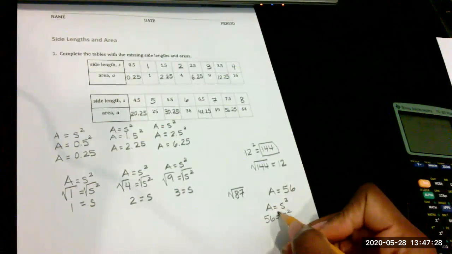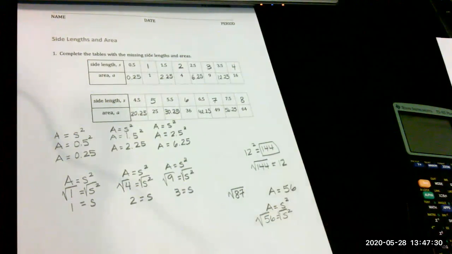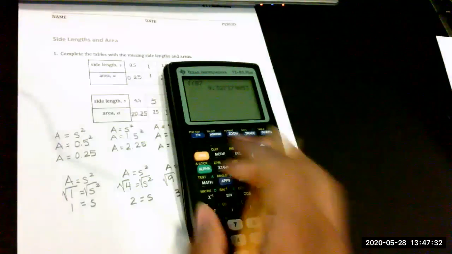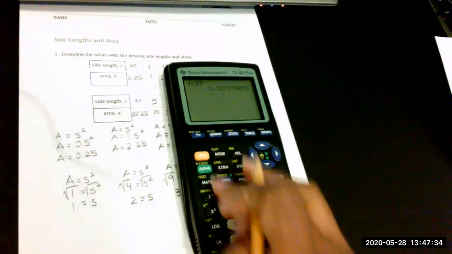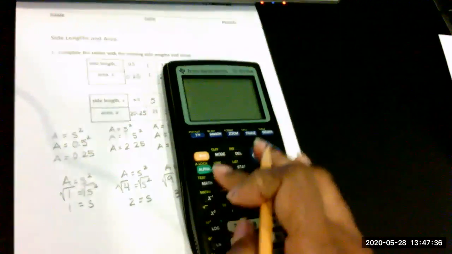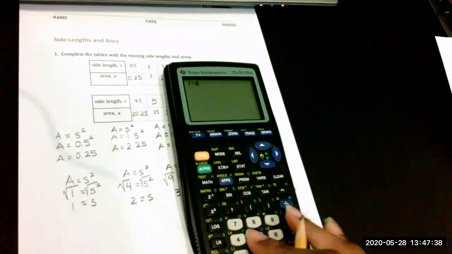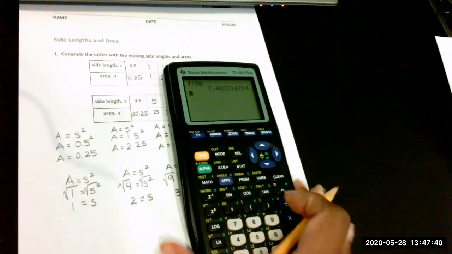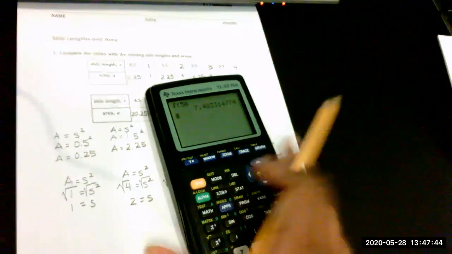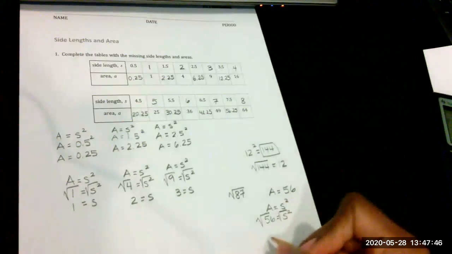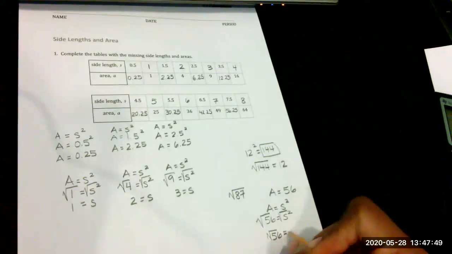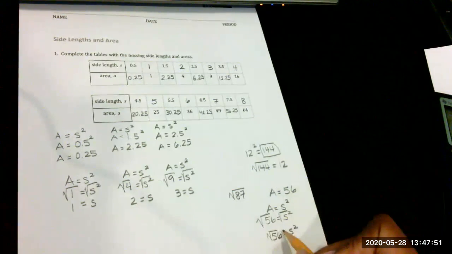Now, we know we have to find the square root, but if you look on your calculator, the square root of 56 is not a whole number. So when it's not a whole number, they don't want you to take this number. They want the exact answer. So the exact answer is just the square root of 56. That's the exact, sorry, it's just S. That is the exact answer.